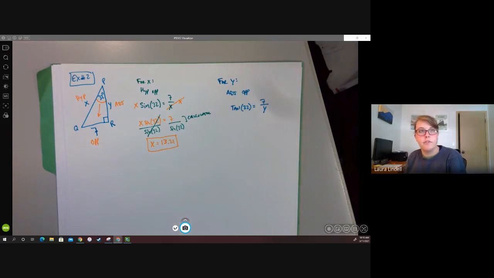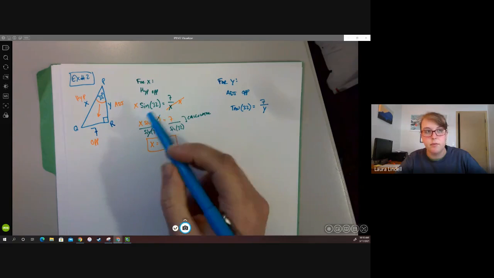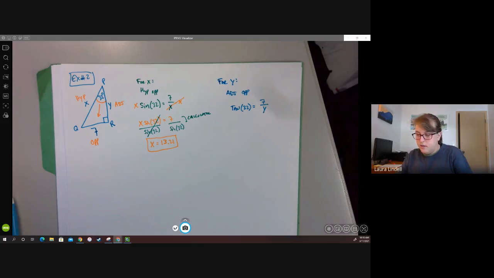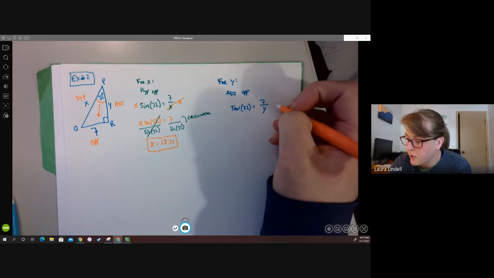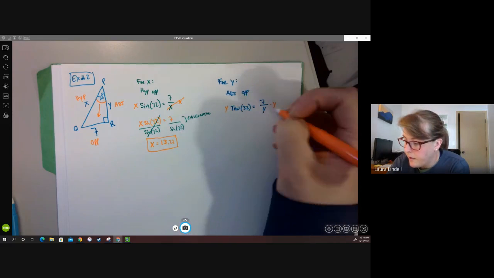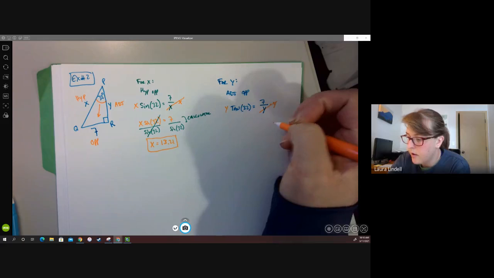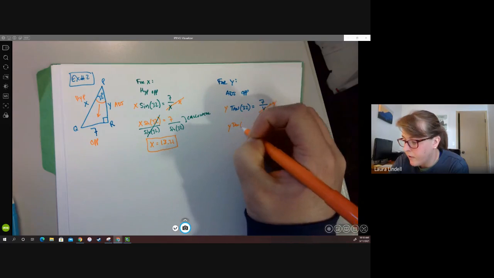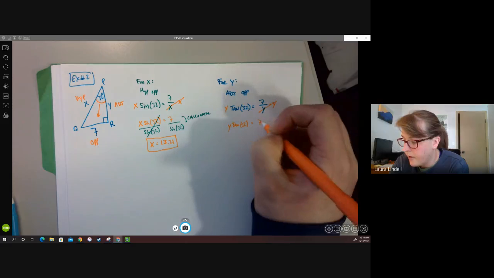And then we're going to solve this the exact same way that we solved this one over here. So we're going to multiply by y on both sides. We get y times tangent of 32 equals 7.